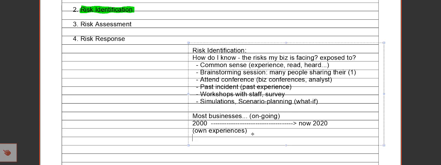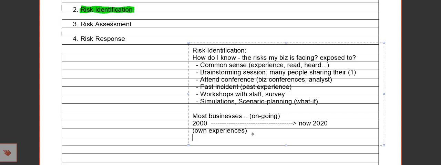Over the past 20 years, you have a system of recording the risks that you have been through. We're talking about business, so that every time you have a new staff coming in and the staff resign, another one comes in, with that kind of changeover in the staff, people will be able to know that these are all the risks that they've been through and how they will be ready.